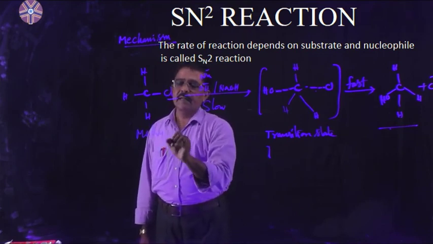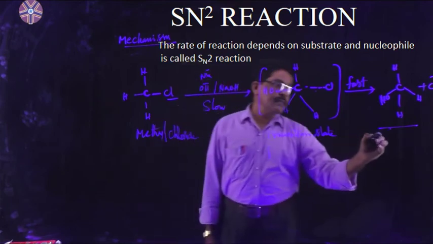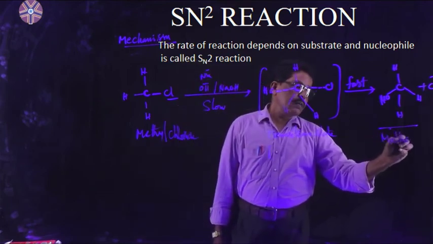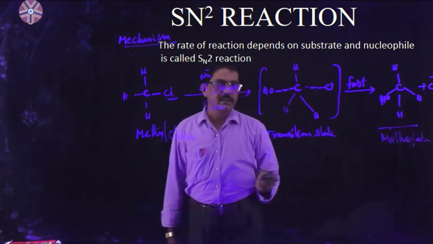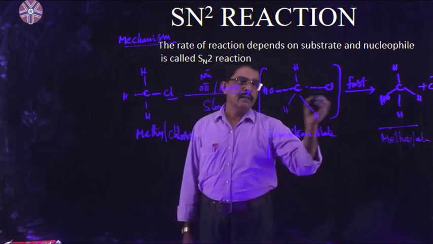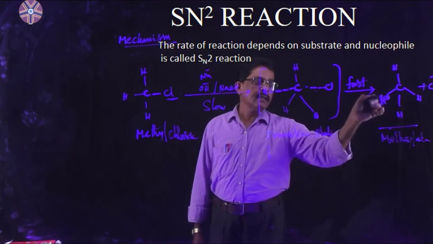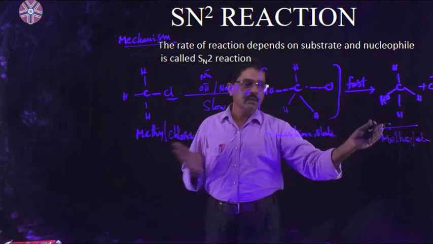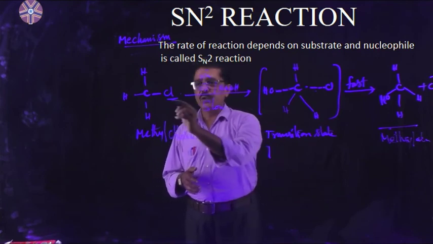The methyl chloride configuration and the methyl alcohol configuration are both opposite. Why? Because the leaving group is on the right side and the nucleophile attacks and forms the bond at the left side. Therefore, the product structure is on the opposite side of the leaving group.